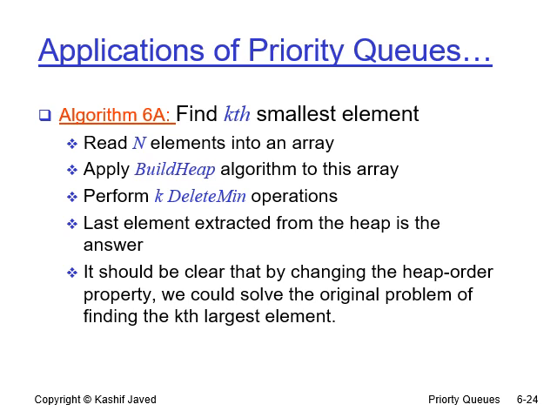It should be clear that by changing the heap order property, we could solve the original problem of finding the kth largest element. If I can have a minimum binary heap, I can also have a maximum binary heap, right? In the maximum binary heap, the maximum element would be located at the root node.